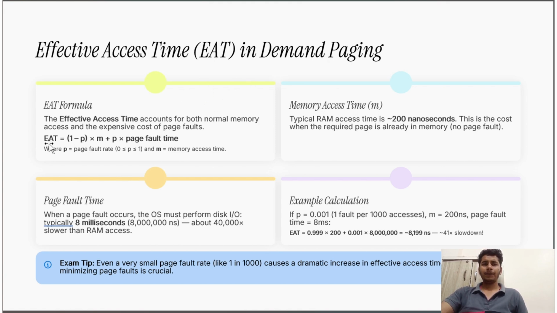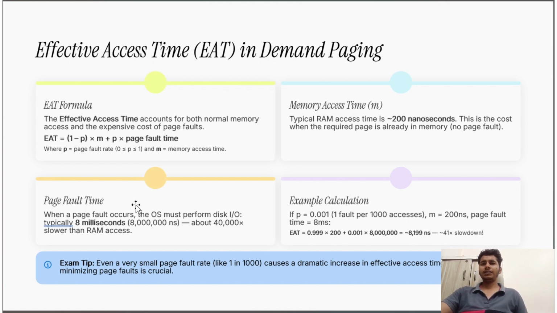Memory access time: typically RAM access time is equal to 200 nanoseconds. This is the cost when the required page is already in memory and no page fault occurs. Page fault time: when a page fault occurs, the disk is typically 8 milliseconds, much slower than the RAM access. And here is a calculation.